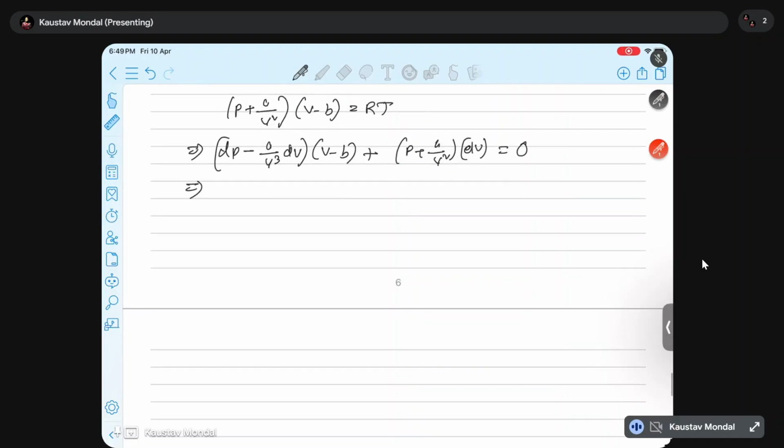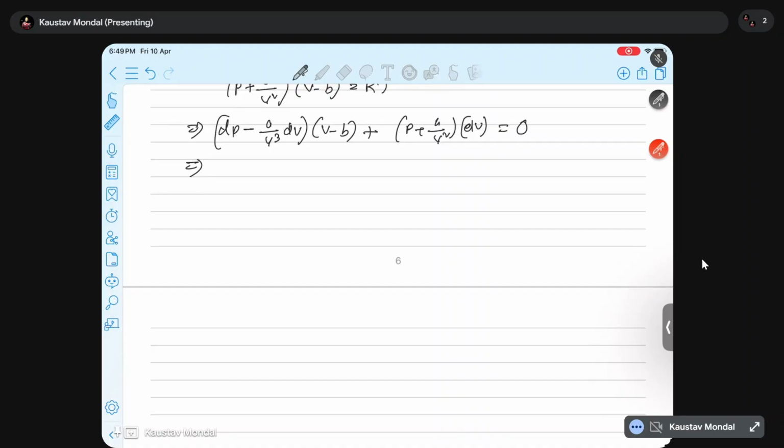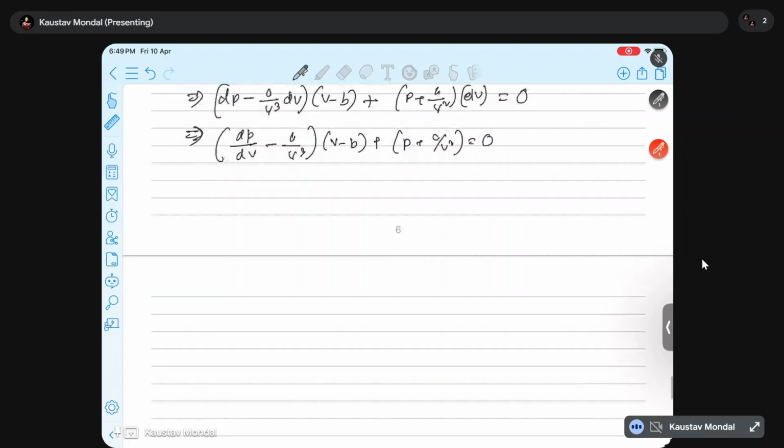Now just divide the whole thing by dV. In that case, it gives you dP by dV minus 2a by V cube into (V minus b) plus (P plus a by V squared) equal to 0. Now from here, you can write dP by dV is equal to minus (P plus a by V squared) divided by (V minus b) minus 2a by V cube.